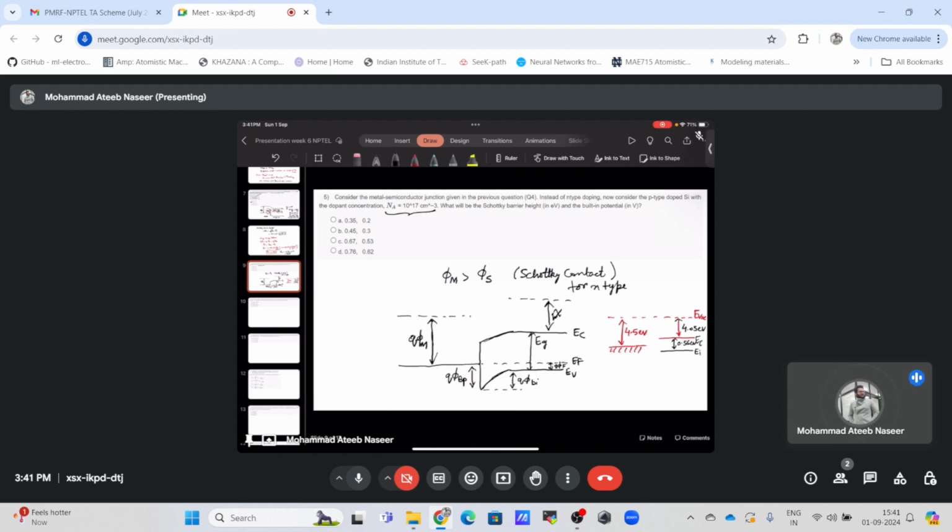And Ev would be somewhere here, and the Fermi level will be somewhere here.